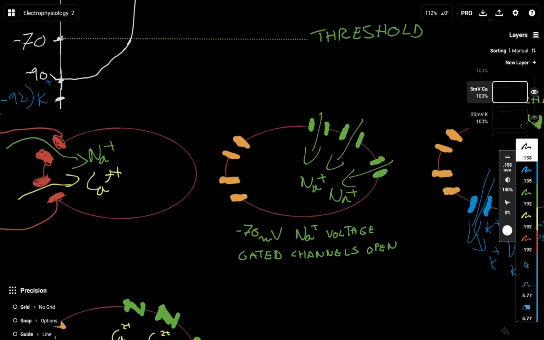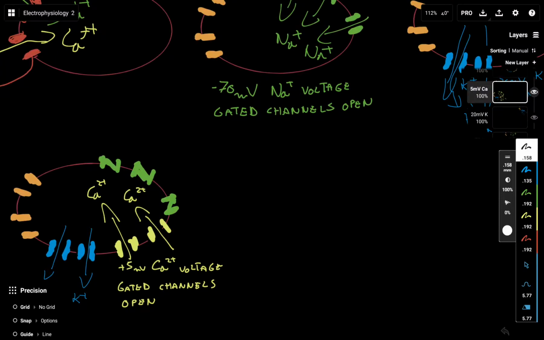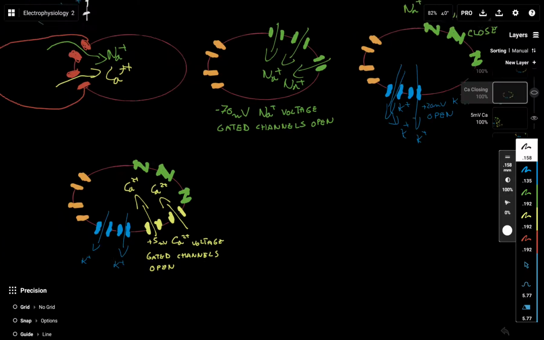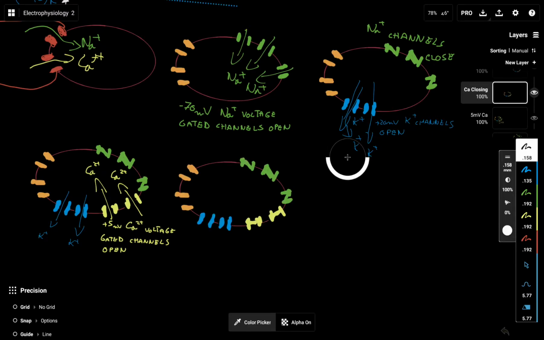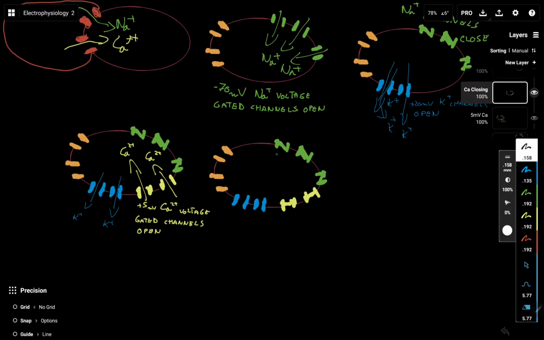So what's going to happen at that point? Once my calcium channels close up, my sodium ones are closed, my calcium ones are closed, and I'm still going to have potassium leaving my cell, won't I?